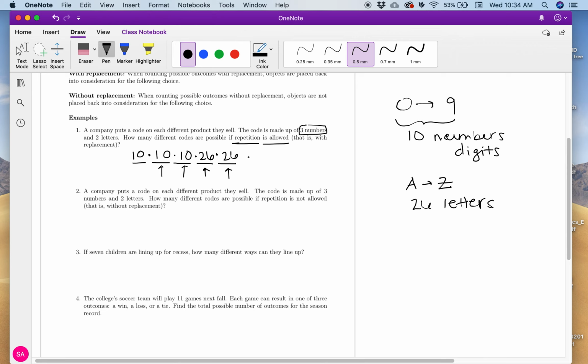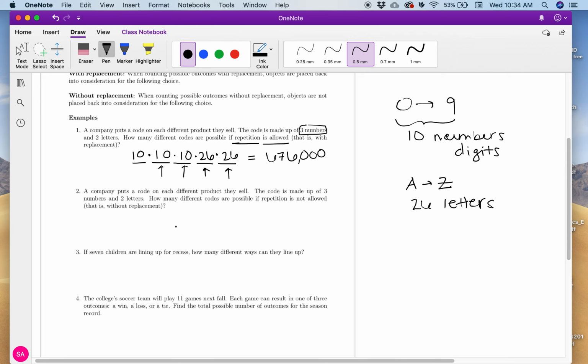So the fundamental counting principle says the total number of different codes we can have, we just multiply these numbers together. So pop that into your calculator, and we get 676,000. So there are 676,000 different codes.